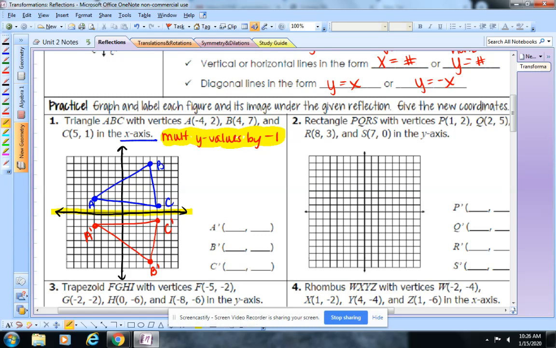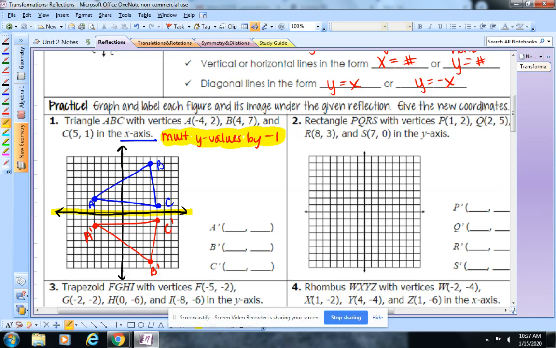Don't change the x's because the x values are the same, right? If you multiply the y values by -1, you will get your new points. So some people like to do the points and then go back and graph. Does that make sense? And some people, if you forget the shortcut though, you can graph and then go back and do your ordered pairs. So you can do these 2 ways.